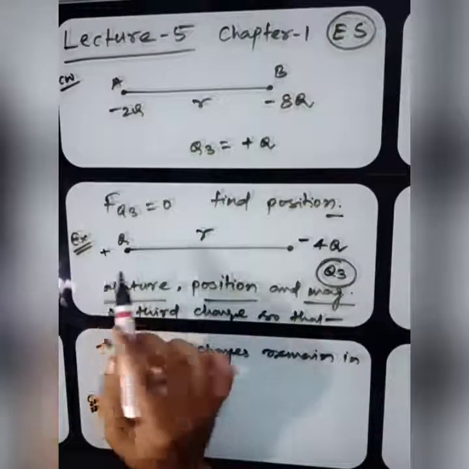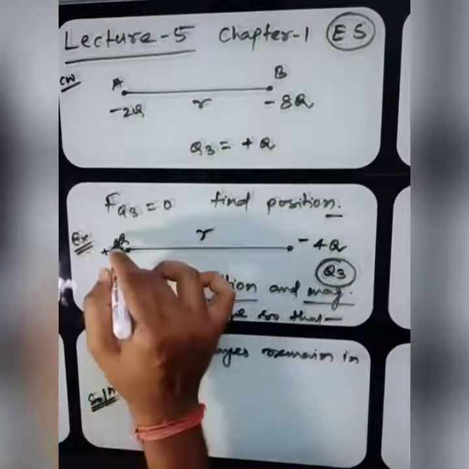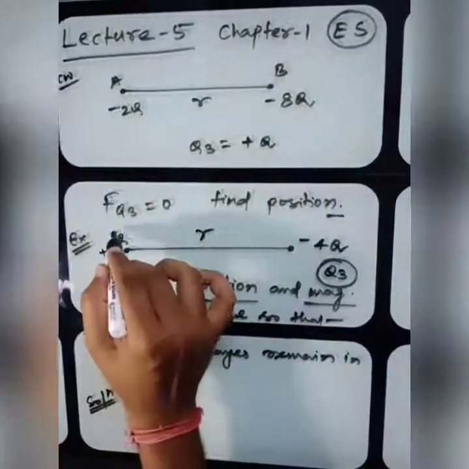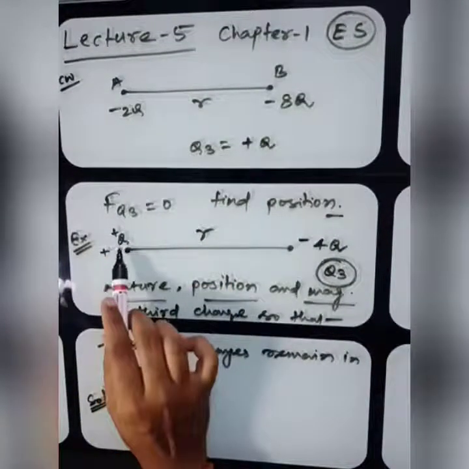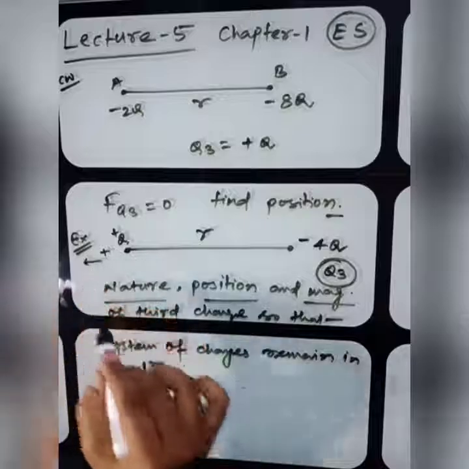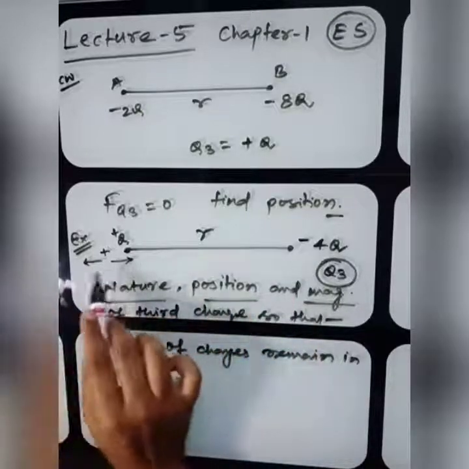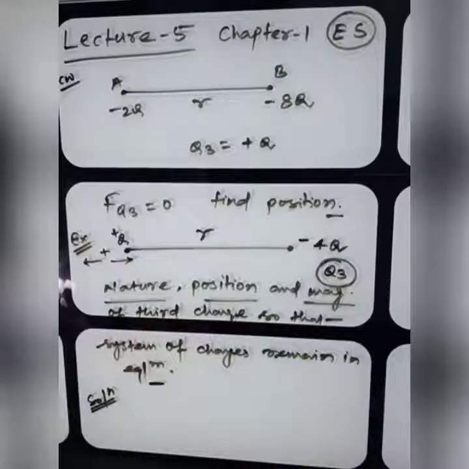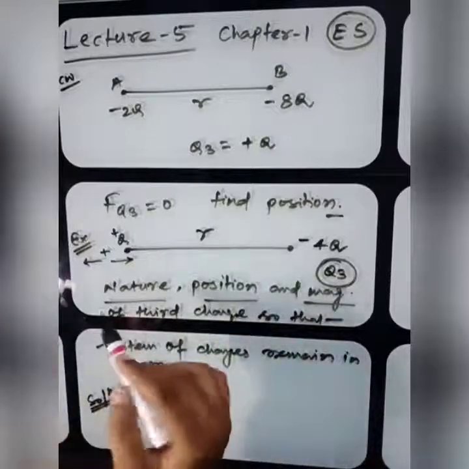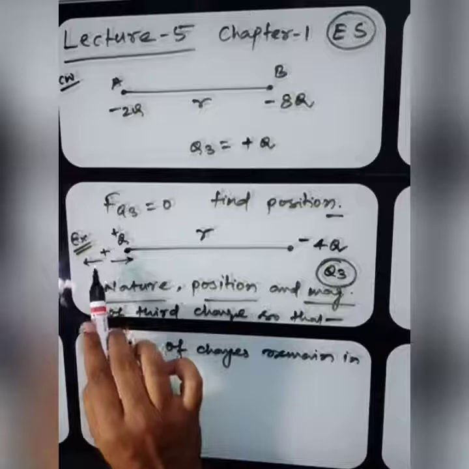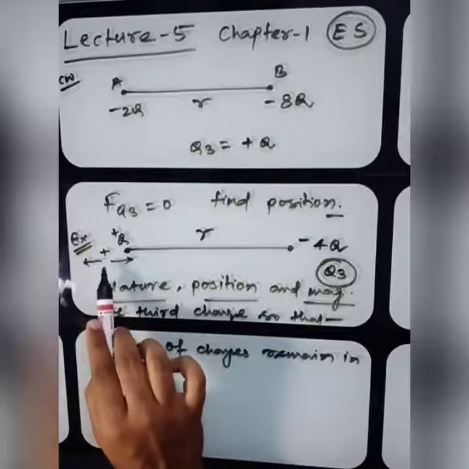If this charge is positive, of course this is positive, then what will happen? This positive and positive repel, this positive and negative attract, so the net force might be 0. Very good. Now here the third charge experiences net force 0.